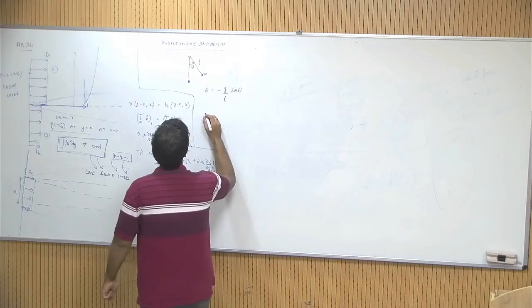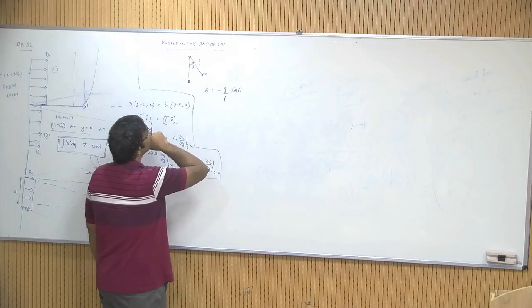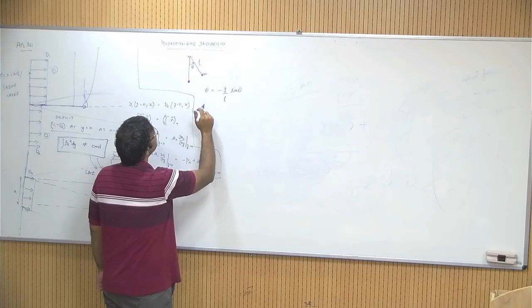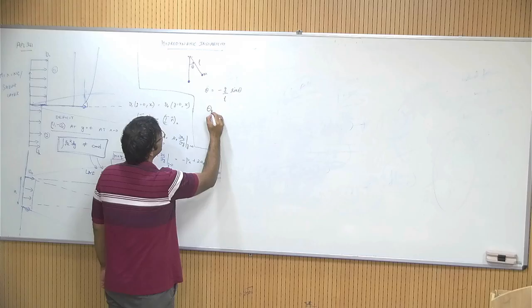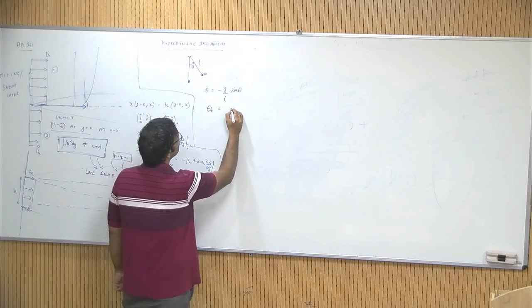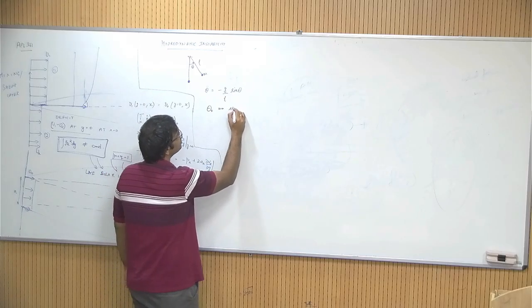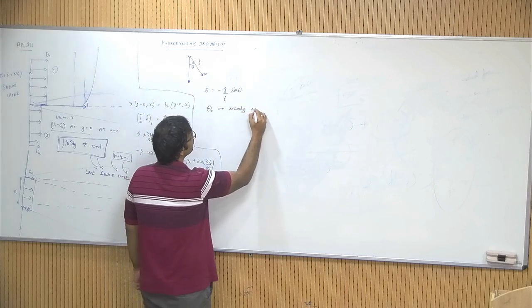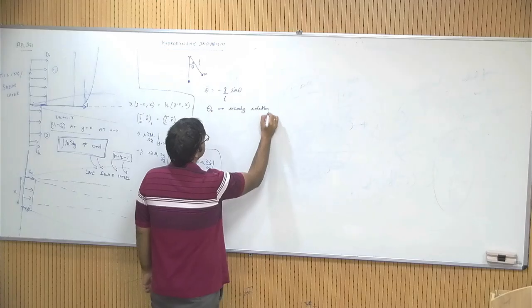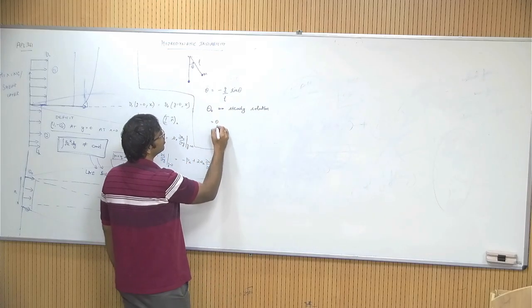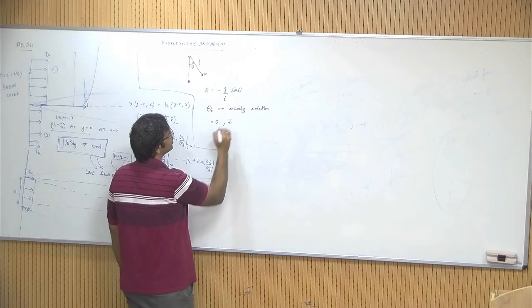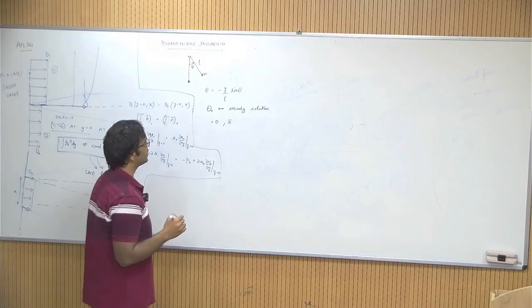So what we have to do is, let me exemplify a procedure from this part. Let us say that theta naught I consider as the steady solution. So theta naught equals 0 is a steady solution, and theta naught equals pi is another steady solution.